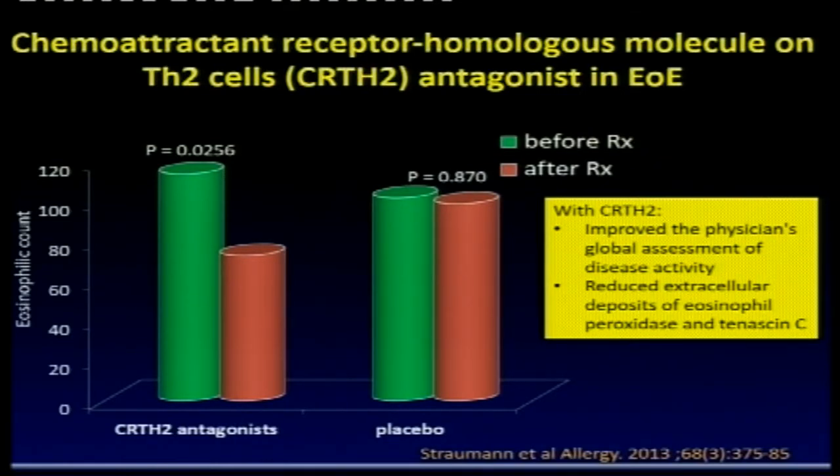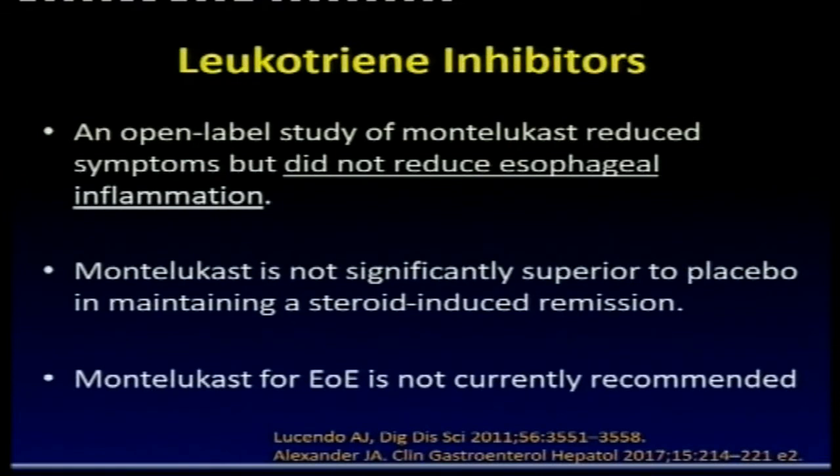So this is why it improves the physician global assessment, and it even reduces extracellular deposits of eosinophils and tenascin C. What about leukotriene inhibitors? Some studies, but there is not enough data to use in our practice. They didn't reduce esophageal inflammation, and they found that montelukast is not superior to placebo. In our practice, it is not recommended for treatment.